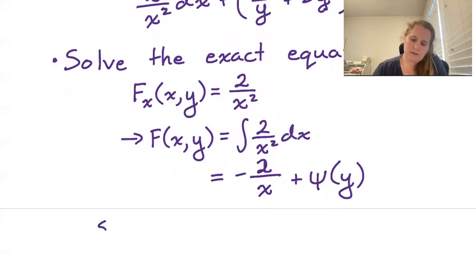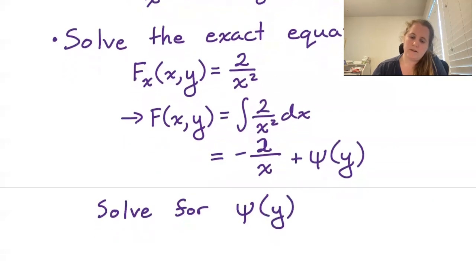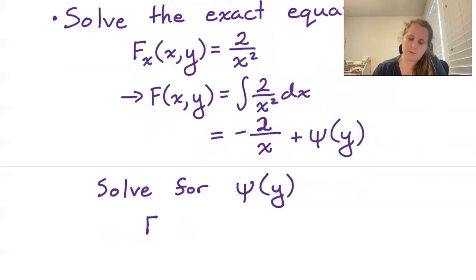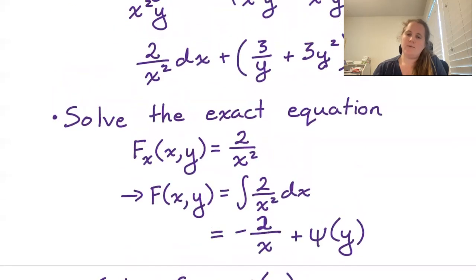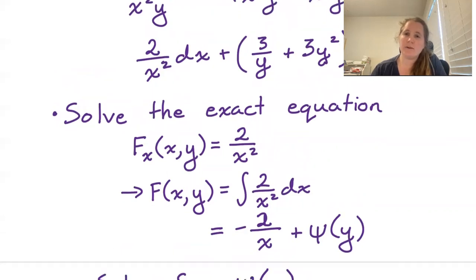Then to solve for psi of y, if we take that partial with respect to y, this will be equal to psi prime of y, which should equal the dy component of our equation. So this should equal 3 over y plus 3y squared.